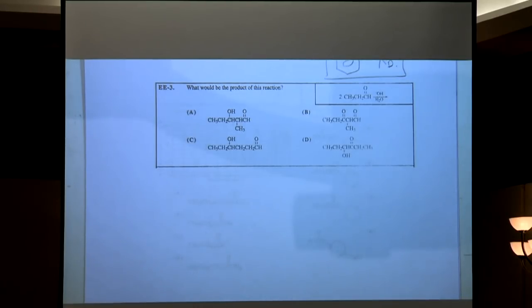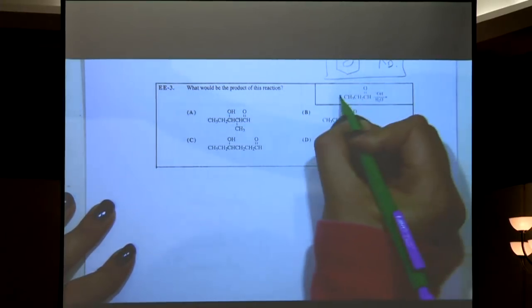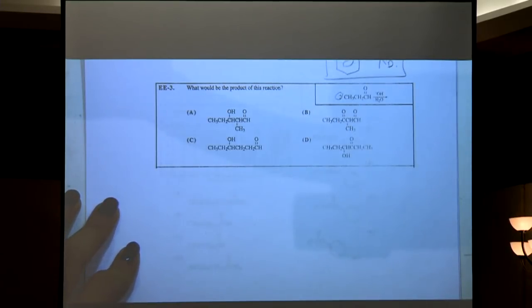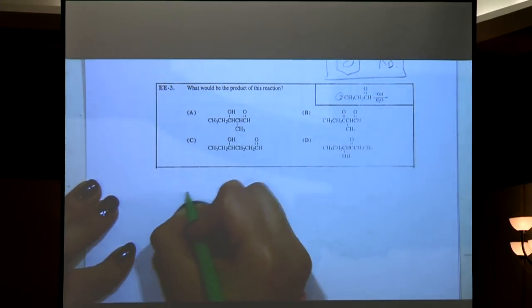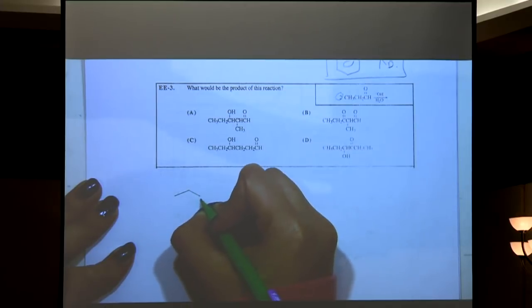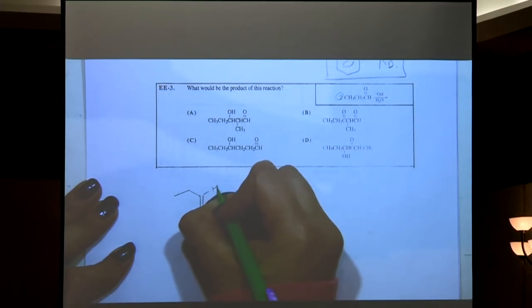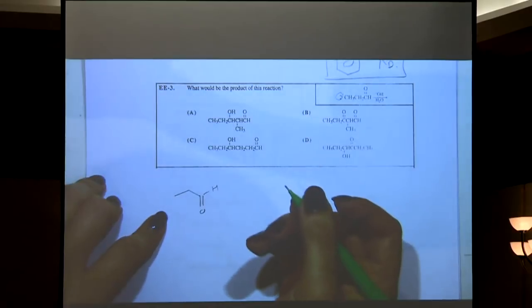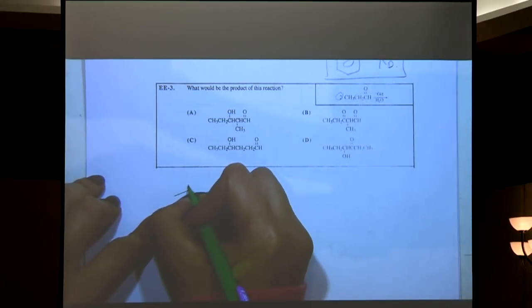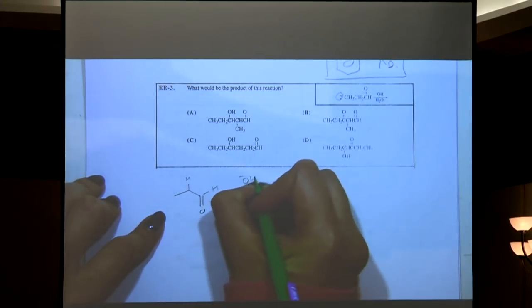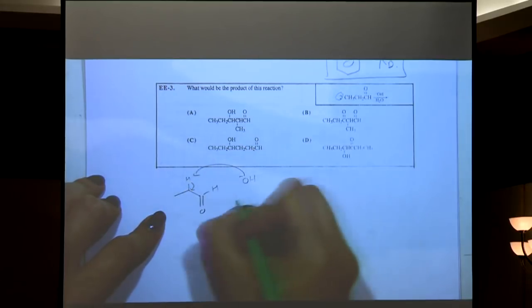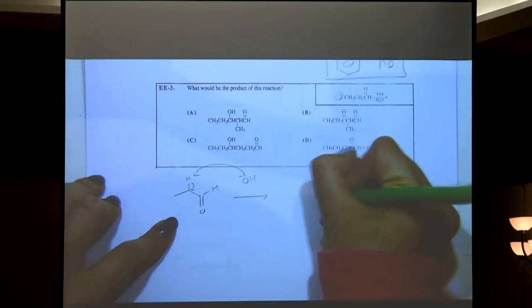The answer for the previous one was B. All right, for this question, we have two equivalents of that. OH is going to form the enolate again, so we're just going to flip it.